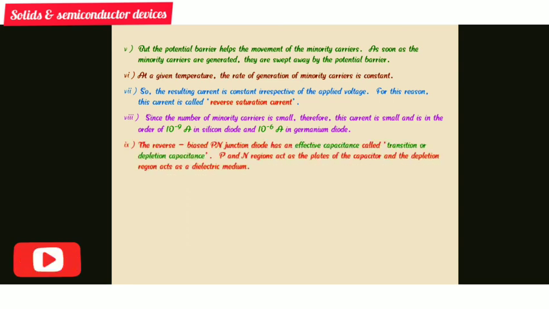The reverse biased PN junction diode has an effective capacitance called transition capacitance or depletion capacitance. The P and N regions act as the plates of a capacitor and the depletion region acts as the dielectric medium.